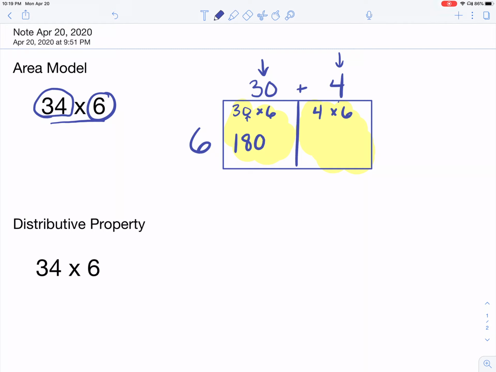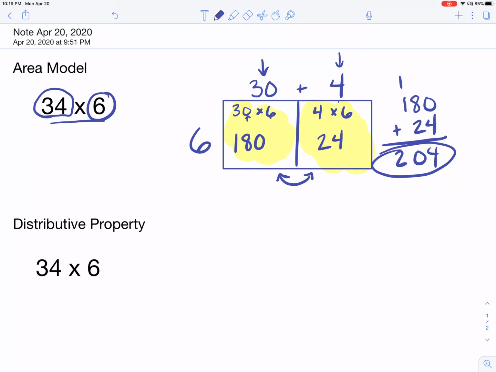Now 4 times 6 is 24. And then all we have to do is add up our 2 partial products, 180 and 24. Now we can just add those up, and we have 204. So that is my answer.